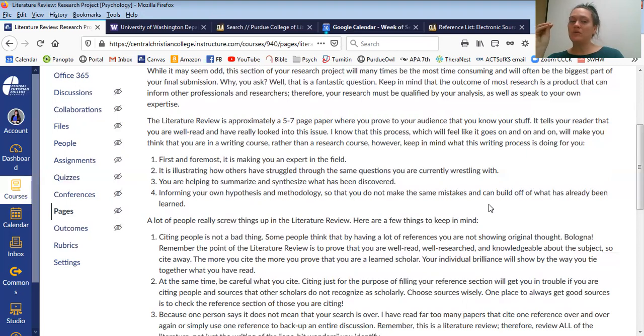So when you think about the discussion section, that's what you're going to be articulating. The literature review has its own discussion section, and you're going to be discussing the issues that other research has had, not necessarily in the treatments.